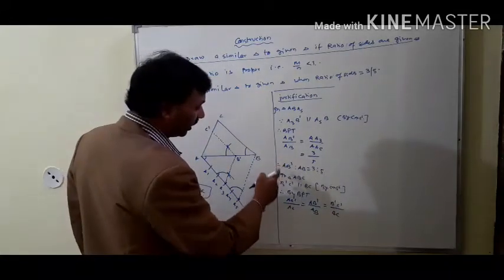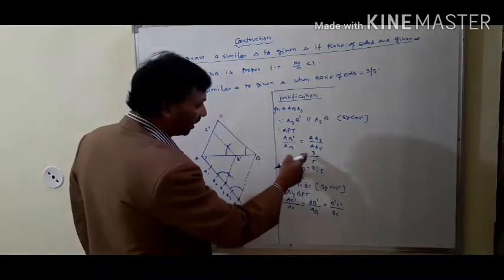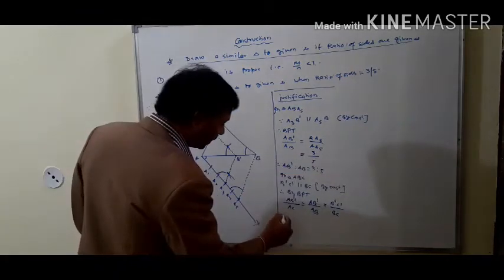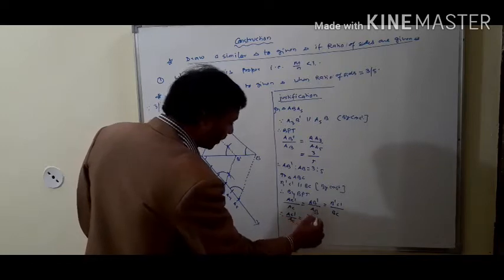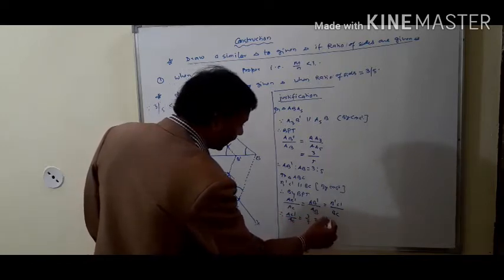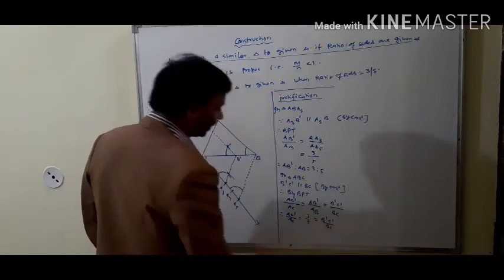Since we already found AB dash upon AB equal to 3 upon 5, therefore AC dash upon AC equal to 3 upon 5 equal to B dash C dash upon BC.